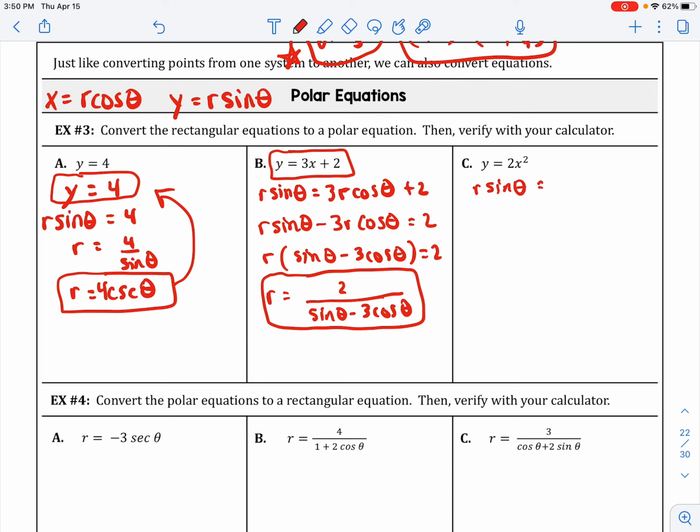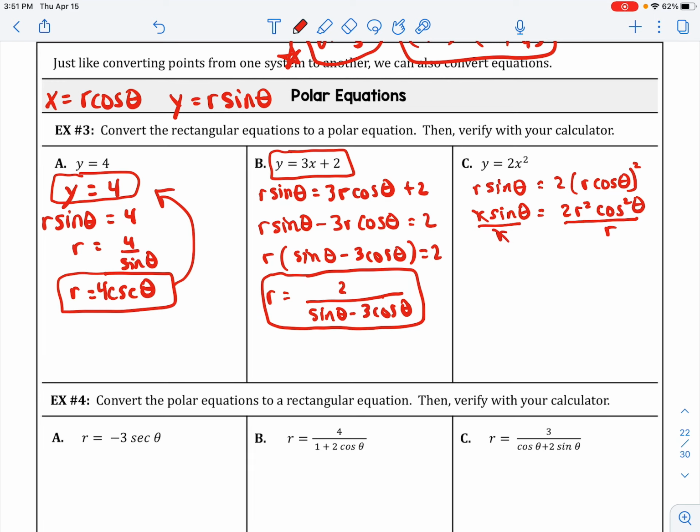Let's look at C. So our r sine theta equals 2 r cosine squared theta. And so r sine theta equals 2r squared cosine squared theta.